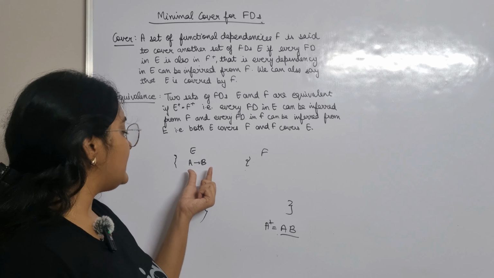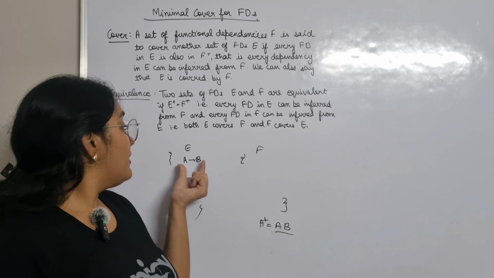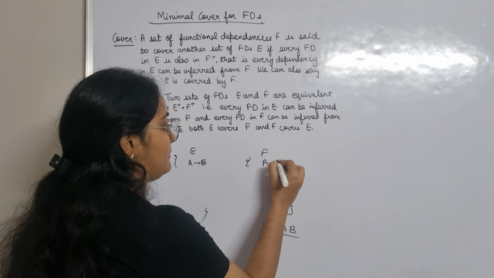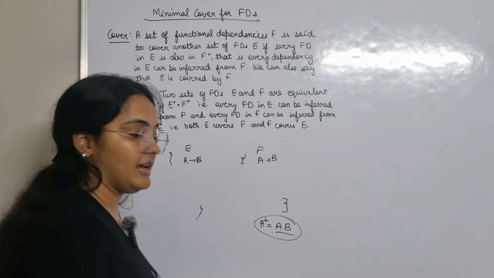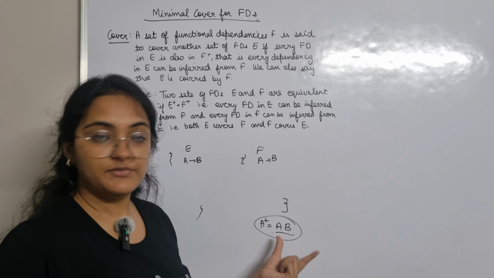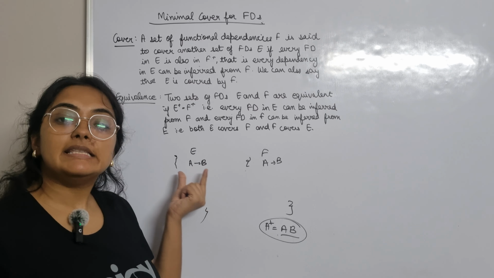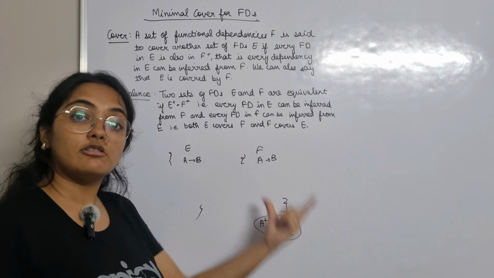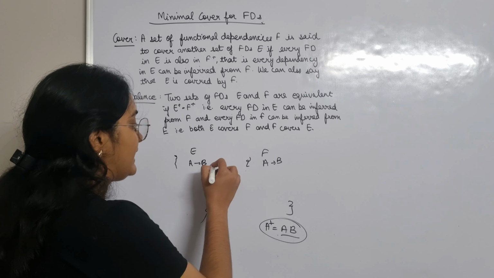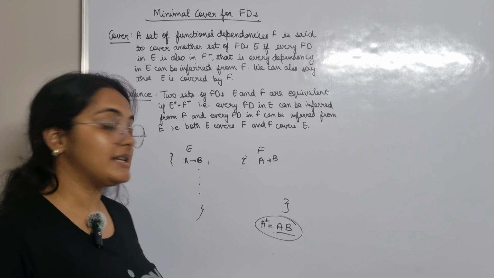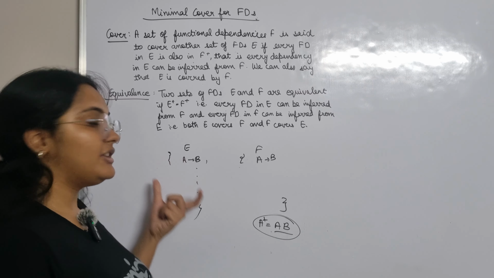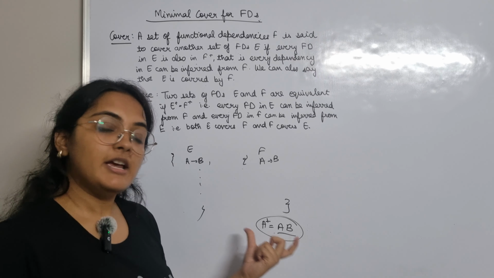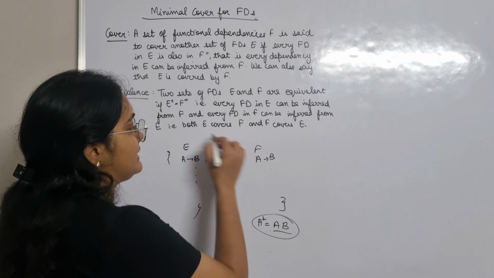Any dependency that is in E might not be exactly there in F, like A gives B, but if we find out the closure of A in F, it should always be there. So every dependency in E can be inferred from F, or every dependency in E is also present in the closure of F. For every functional dependency, we should be able to infer it from F plus, or the closure of F, right? Then we say that F covers E.